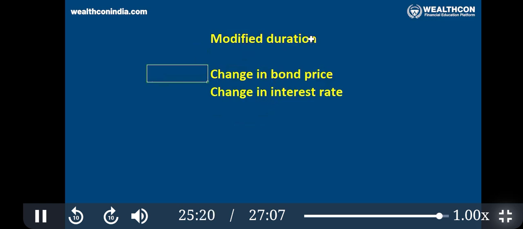This modified duration is different for each bond, based on the coupon rate, maturity, and other parameters. But the term you must remember is that modified duration is the sensitivity parameter of bond price with respect to change in interest rate. It is like beta of the stock market, or delta of an option. They are one and the same thing: a change in something, and how much will be the change in this.